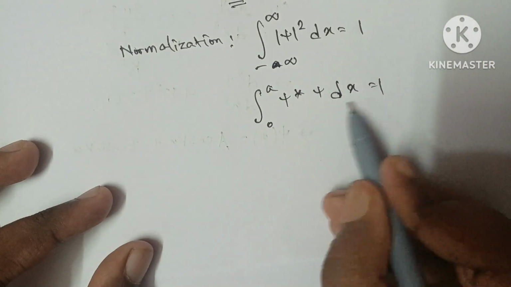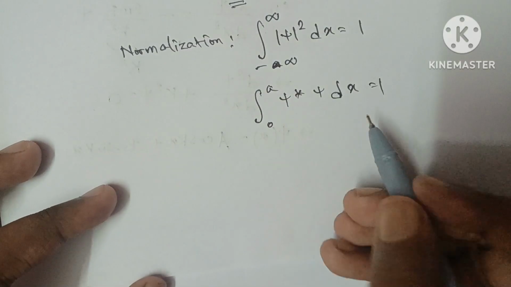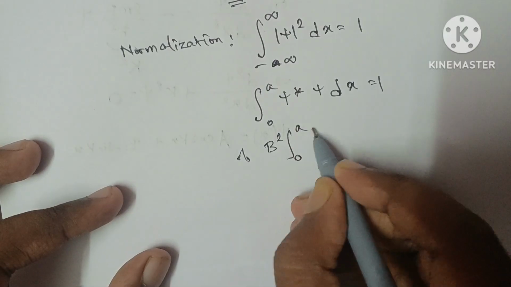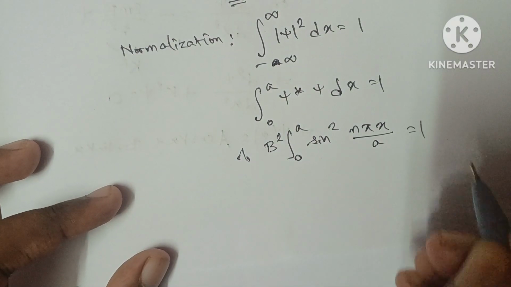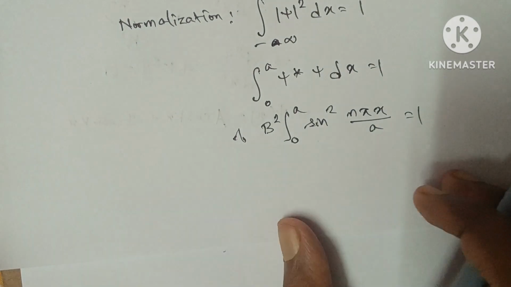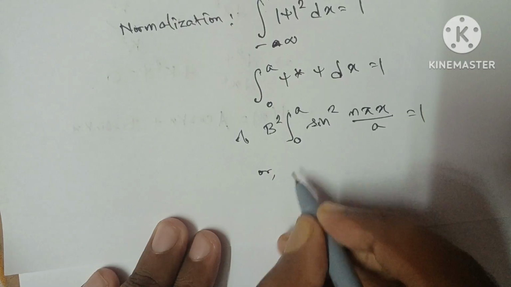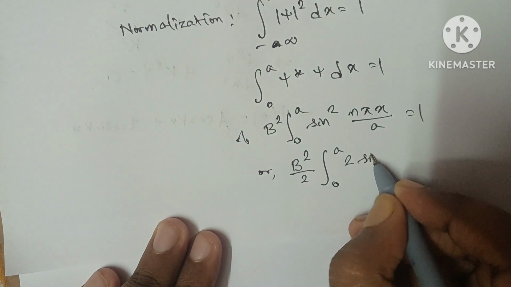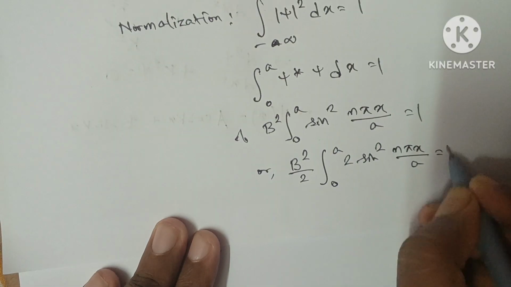It is for one dimension, so we write dx. Now since psi is real, psi star equals psi. Therefore b square times the integral from 0 to a of sin square n pi x over a equals 1, or b square by 2 times the integral from 0 to a of 2 sin square n pi x over a equals 1.